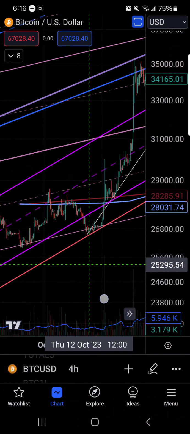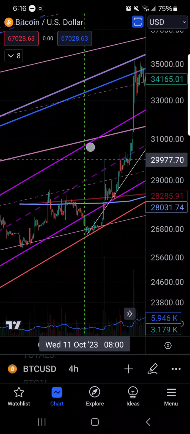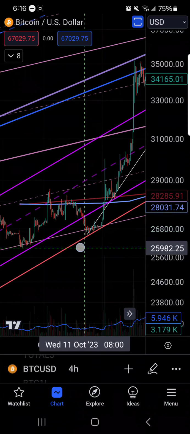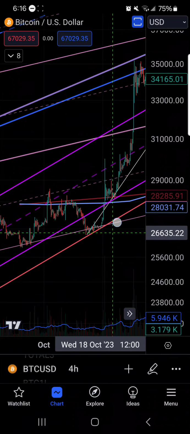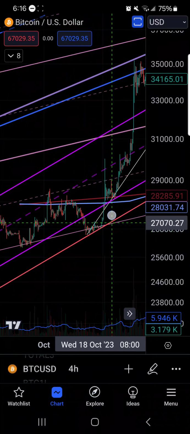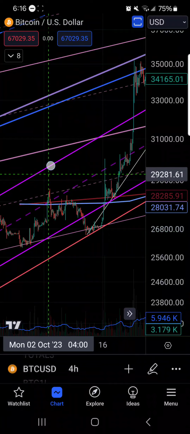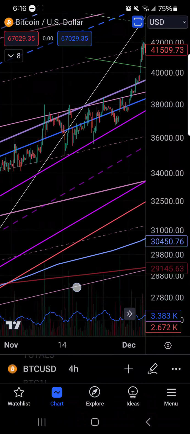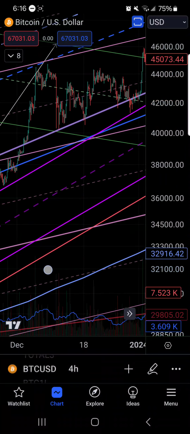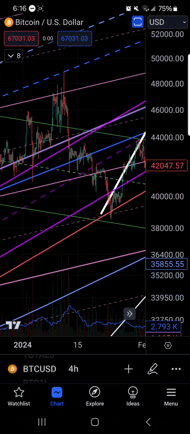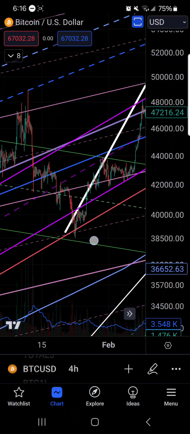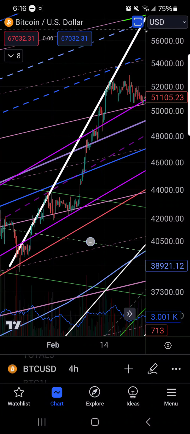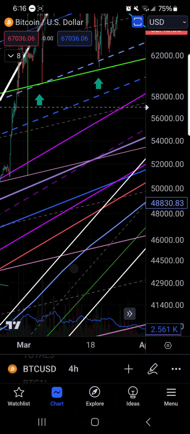Now, what you'll notice here is that this fuchsia colored channel is perfectly parallel to our bull rally support line here, and contains a lot of the price action. Here we wrote on top of the channel there. So actually I could probably double it up, but it's good enough the way it is.